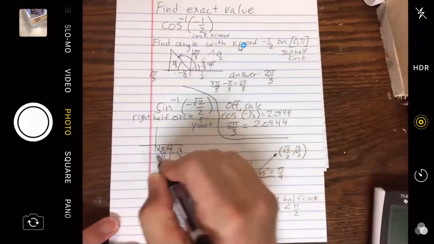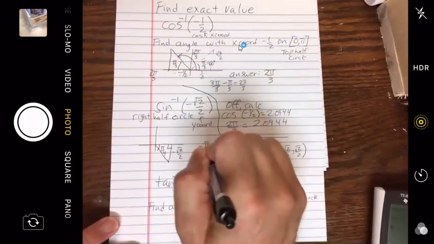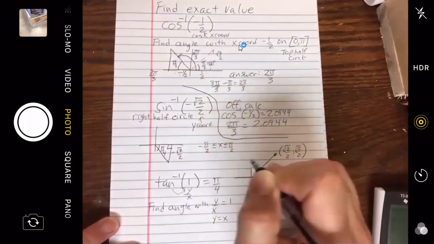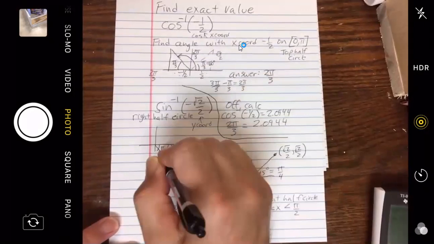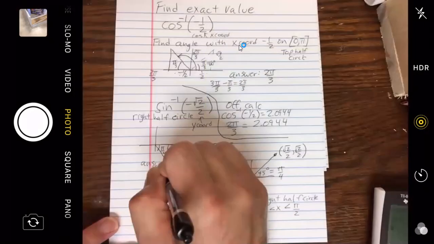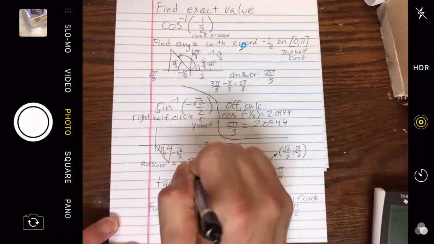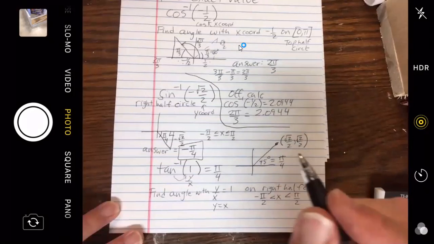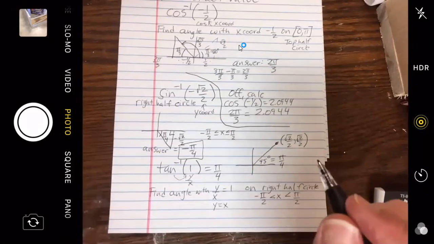But you have to report it on negative pi over 2 less than or equal to x, less than or equal to pi over 2. And so that's going to be a negative pi over 4. Your answer is going to be negative pi over 4. Sorry if I'm getting too jumbled. No, you're good. You're good.